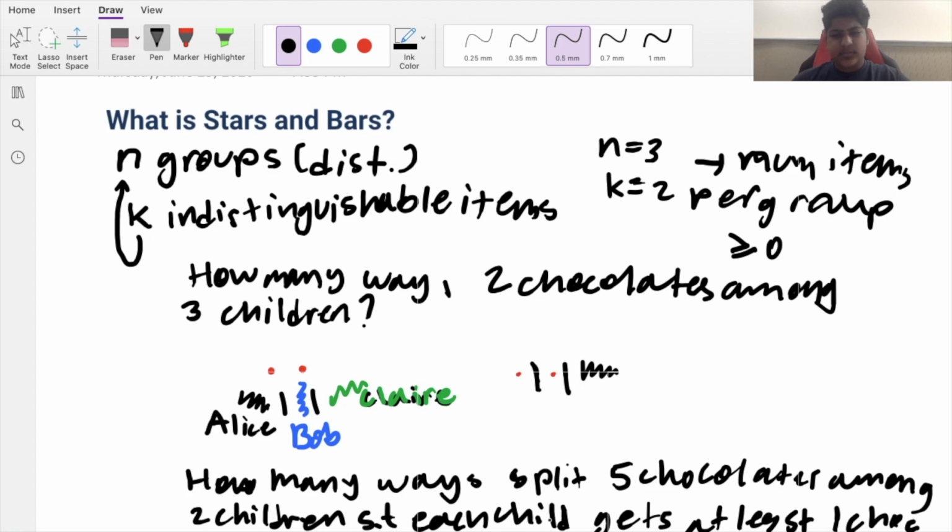Now, to do that, we don't really have much intuition on that, so let's first begin by solving one of these standard problems.